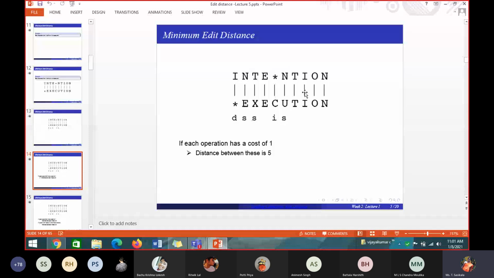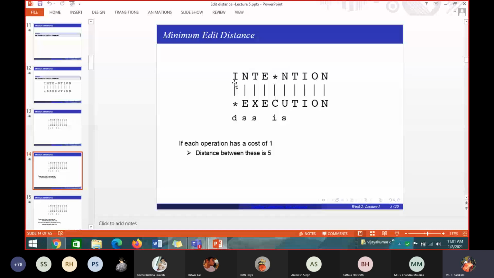Finally, this is for you to show how intention is converted to execution by applying the edit operations. This we cannot find out manually. We have to draw a matrix. In that matrix, you have to substitute the values. Then we have to find out whether I can be replaced with E, or I has to be deleted, or I has to be substituted. That we have to find out later.